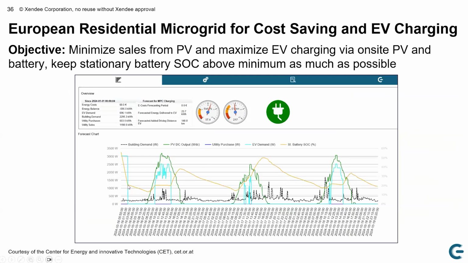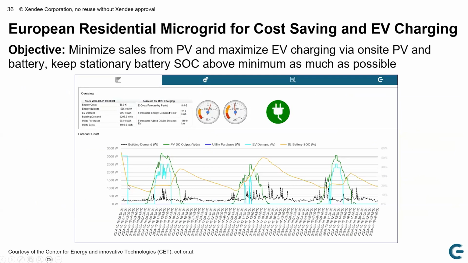Here in this bluish line, we have the plan for the EV charging. You can see that it would charge during the night, but then this orange line is the state of charge of the stationary battery. You see it's never going below 10%, which is the minimum state of charge. So it realizes, oh, I have to wait here with the charging because I know with some certainty that we will have this load and this output. So when it reaches a certain point, it can start charging the car again.